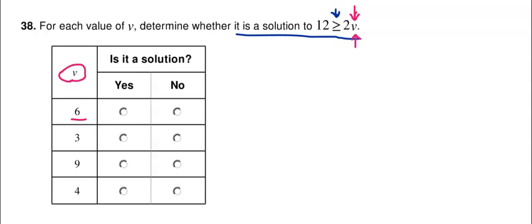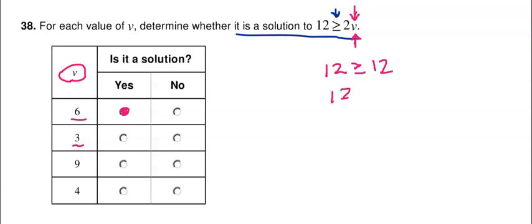So 2 times 6 is 12. So is 12 greater than or equal to 12? Well, 12 is equal to 12. So that one will work as a solution. So we're going to put yes for that one. What if we put in 3 for the v over here? 2 times 3 is 6.